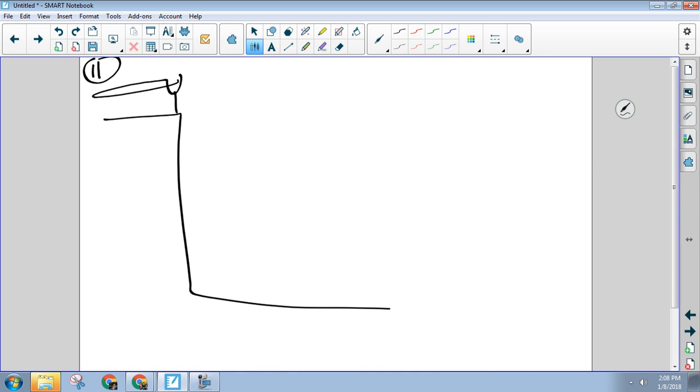Initially, the slingshot is stretched back, so that's my point A. Then there's a point B, where the rock is just leaving the slingshot. And then it goes flying through the air, lands on the ground over here at point C, where it hits the ground. Make sense?